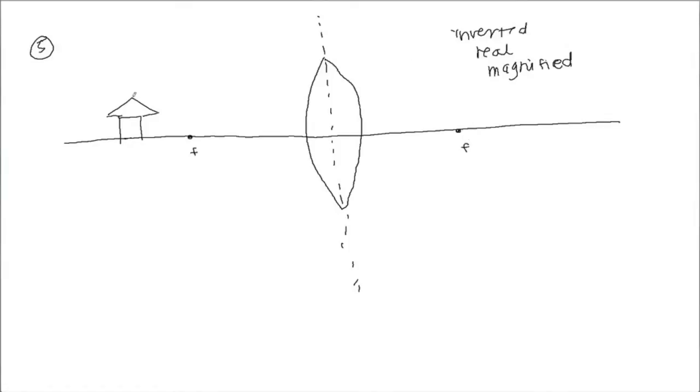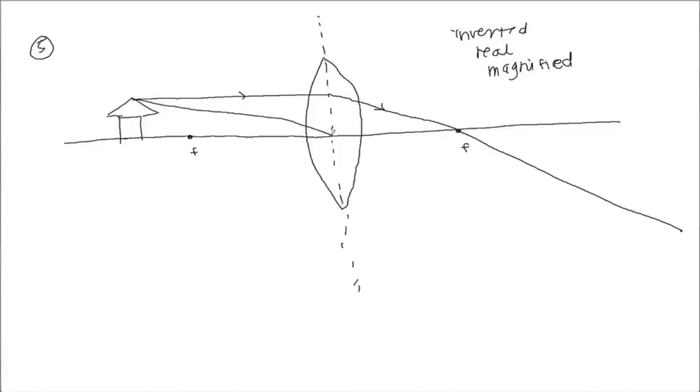So then, it's a converging device, so the outgoing ray went through the focal point. Good. Oh no. Okay.